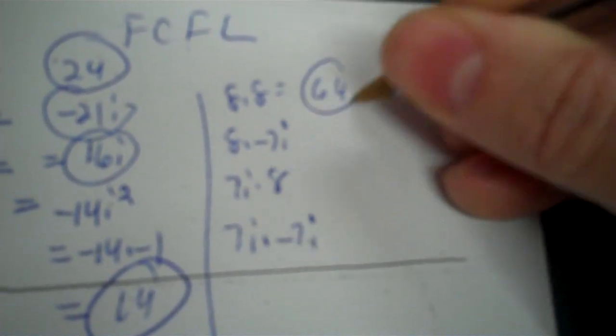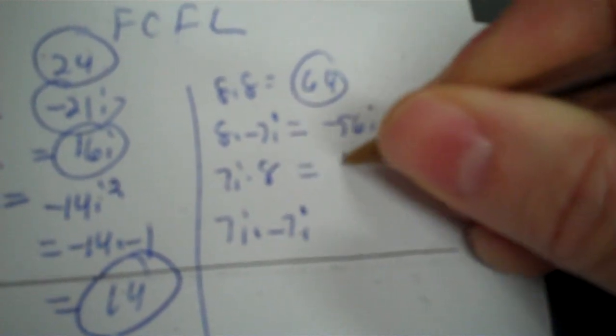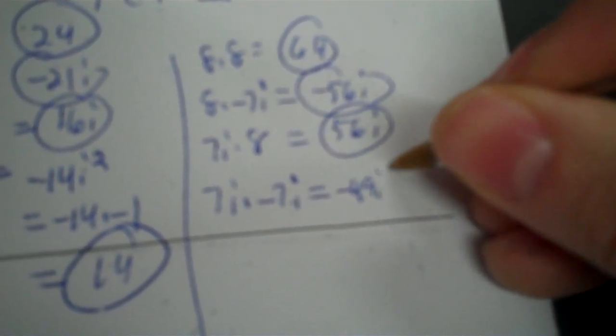So 64, negative 56i, positive 56i, and these are simplified, but this last one, negative 49i to the second, don't leave that because i to the second holds a tangible value of negative 1. So this is negative 49 times negative 1. That's positive 49, okay?